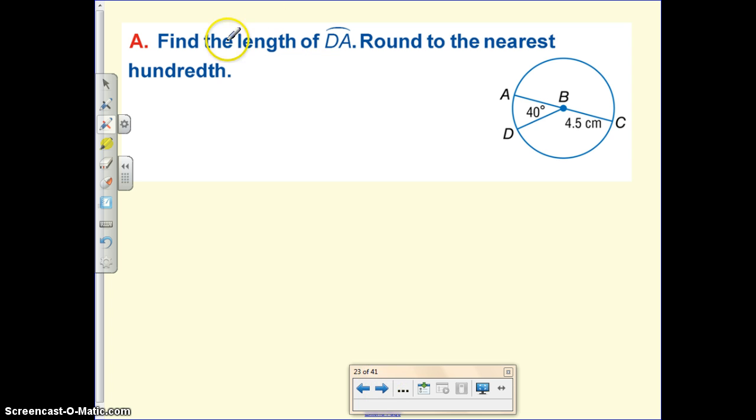All right, so find the length of DA, round to the nearest hundredth. So DA is from here to here. So to find that, we could say 40 degrees is to 360, as this arc length, L, is to pi r squared.